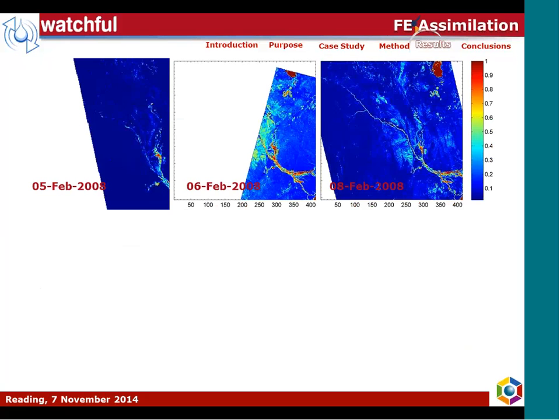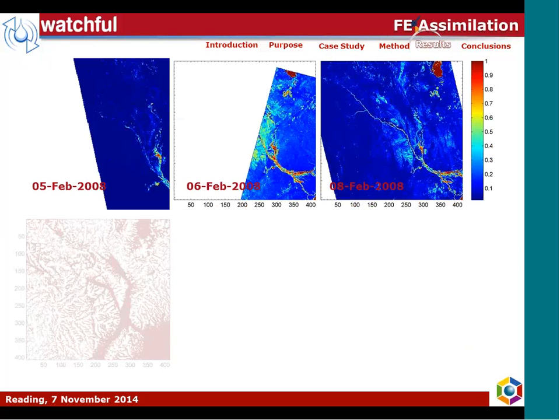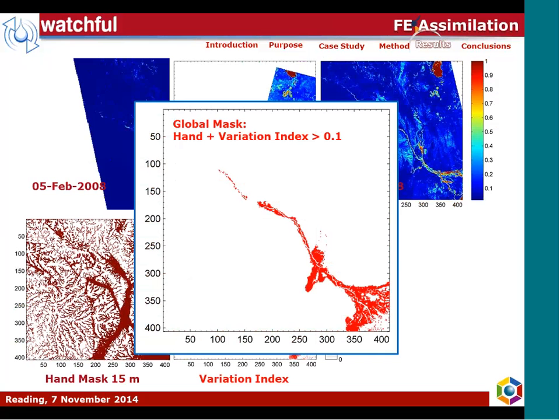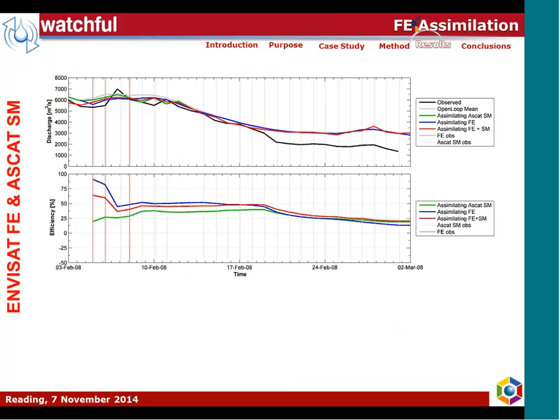For the Zambezi, we considered a flood event that took place in February 2008, where we had the sequence of 3 Envisat images that gave us information on the flood probabilities. Again, we applied these different masks to restrict our analysis to the most informative grid points and then compared the assimilation of these 2 products into the model.